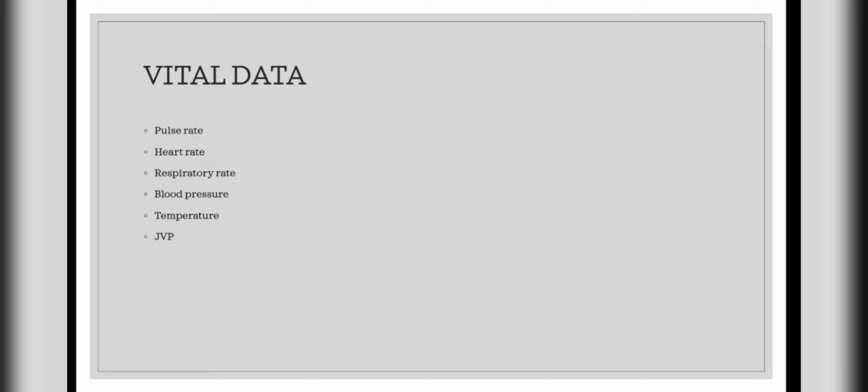Next one is vital data. In vital data, it is very necessary, because most of the conditions are related to vital data only, okay. Pulse rate, heart rate, respiratory rate, blood pressure, temperature, and jugular venous pulse. You have to mention all these things, okay.